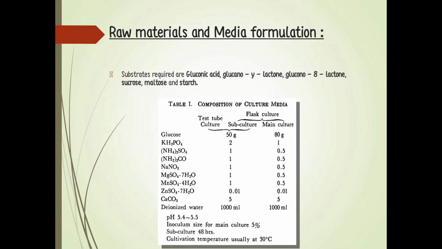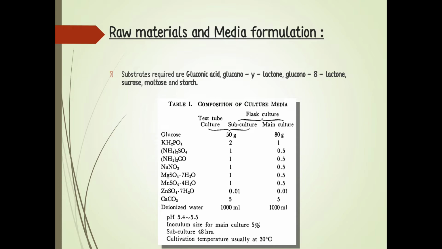Now the raw materials required, especially the substrates, are gluconic acid, glucono-gamma-lactone, glucono-delta-lactone, sucrose, maltose, and starch. Sucrose and maltose are disaccharides and starch is a polysaccharide. So these requirements are a must. In the composition, there are mostly nitrogen sources, because the carbon source is only one, and nitrogen sources, trace elements, and minerals are required more, because osmotic pressure is the most important factor in the culture media.